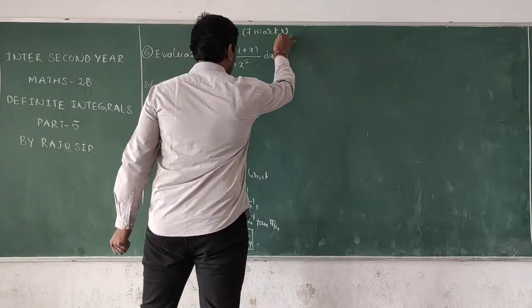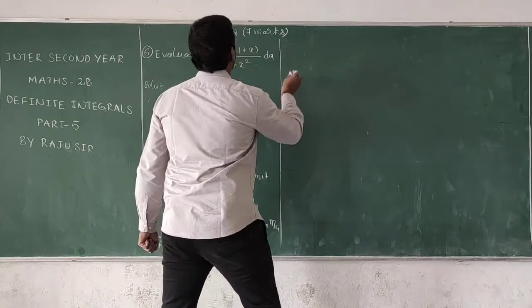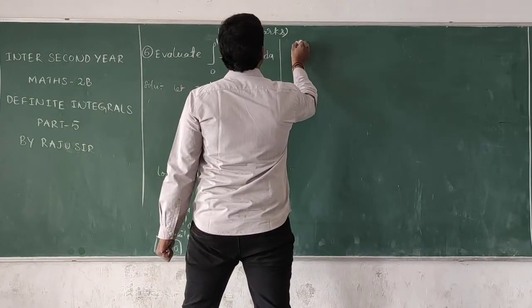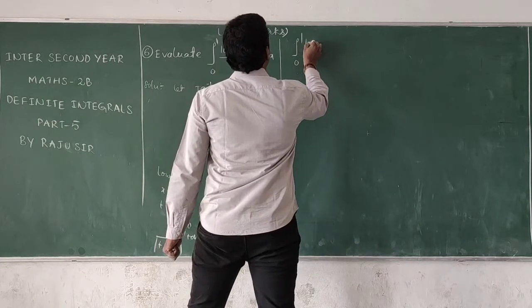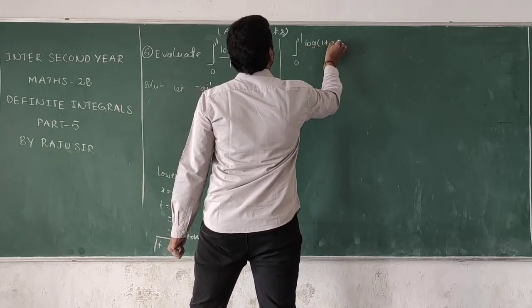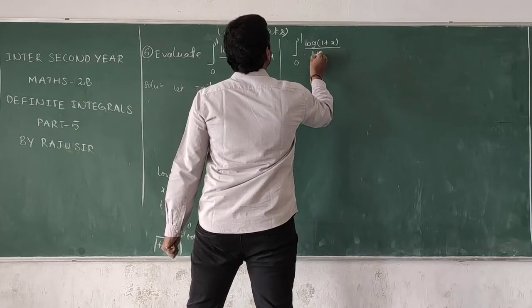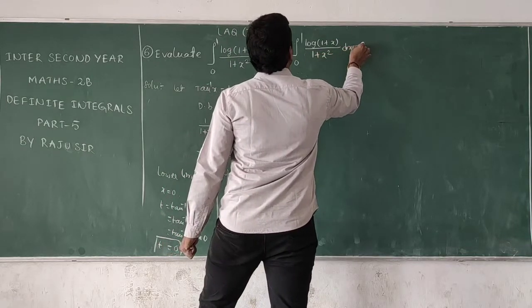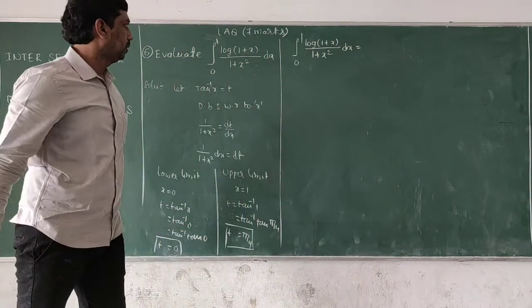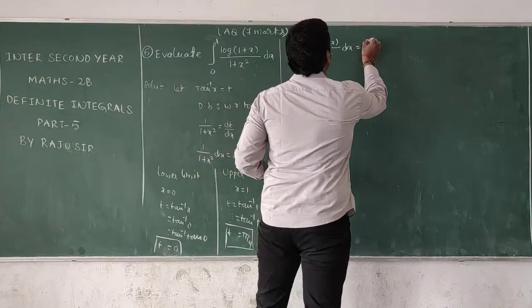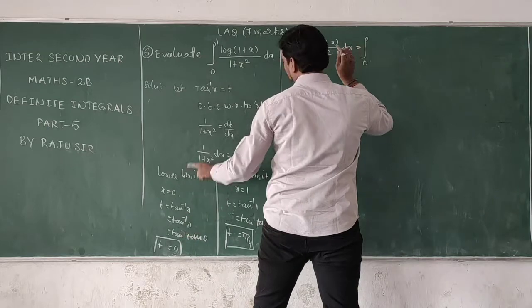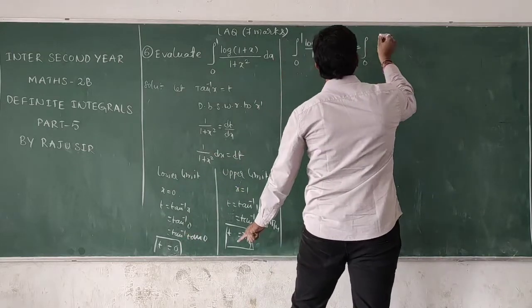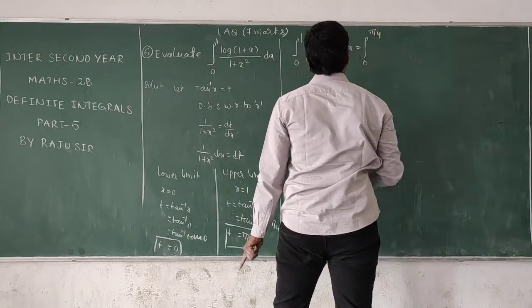Now take the actual problem. Integration 0 to 1 of log of 1 plus x by 1 plus x square dx equals. Here the lower limit is 0, and after substitution it is also 0. The upper limit is 1, but after substitution it becomes pi by 4.